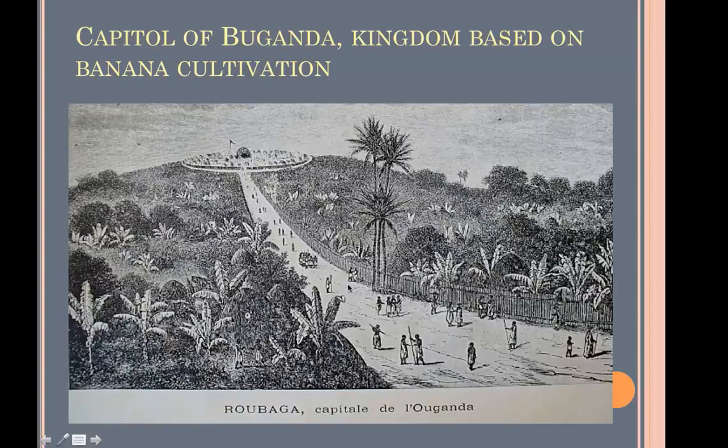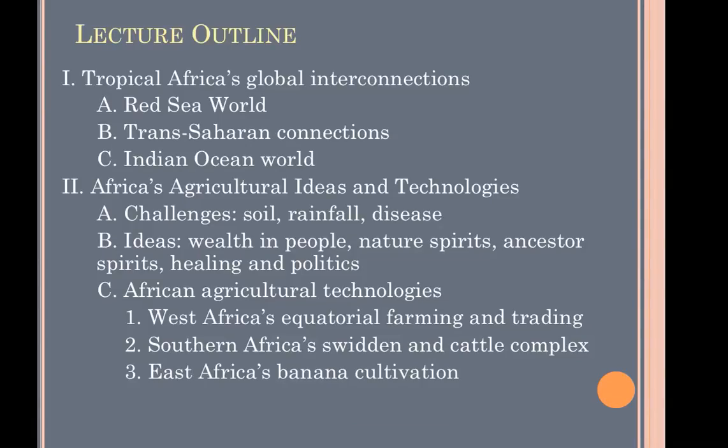In this image, you see a ton of different banana trees all around, but it really caused a huge increase in this region in terms of population. And influenced the way people talked about things like marriage. In Buganda, the verb to marry is to cause somebody to peel a banana. And different kinds of banana tools were given at the point of marriage, usually from the groom's family to the bride's family.